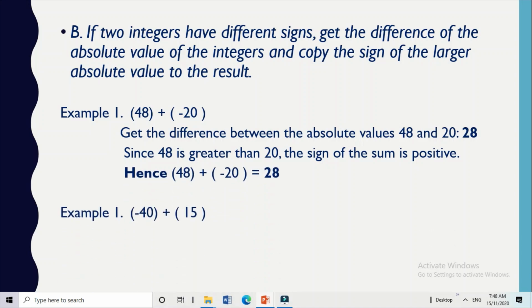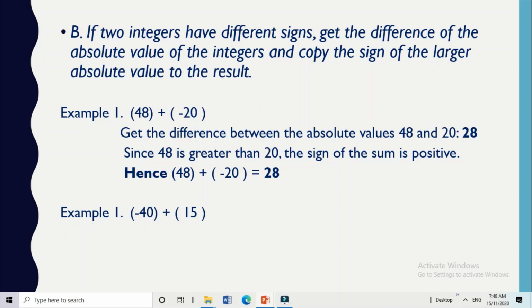Example number 2. Negative 40 plus 15. As you can see in this example, they have different sign. Okay, ang una nating gagawin, get the absolute value of negative 40, and that is positive 40. And the absolute value of positive 15, that is 15. And after you get the absolute value of the integers, just subtract.